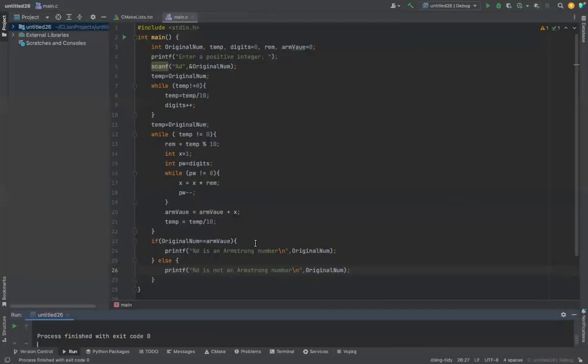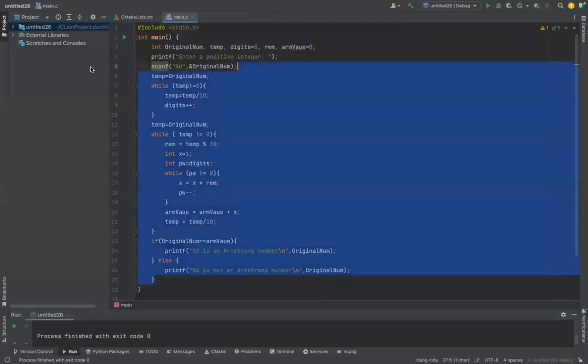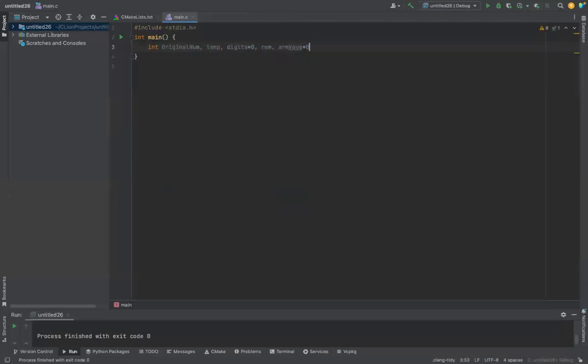First, what we have to do, we have to ask user to enter two numbers. Okay, therefore declare the variables, two numbers, let's say number 1 and number 2, int n1, n2.